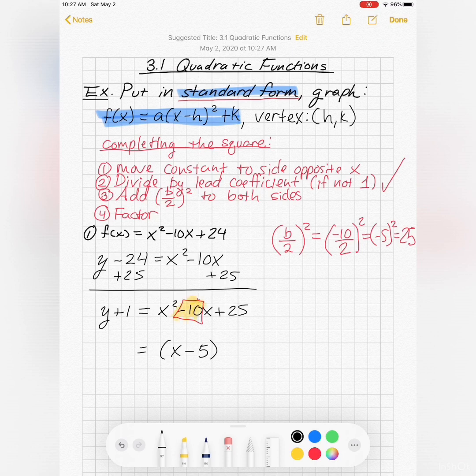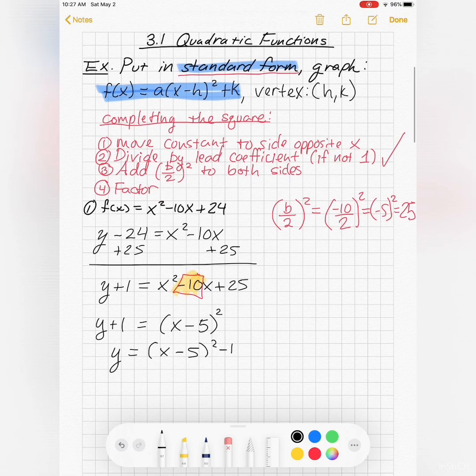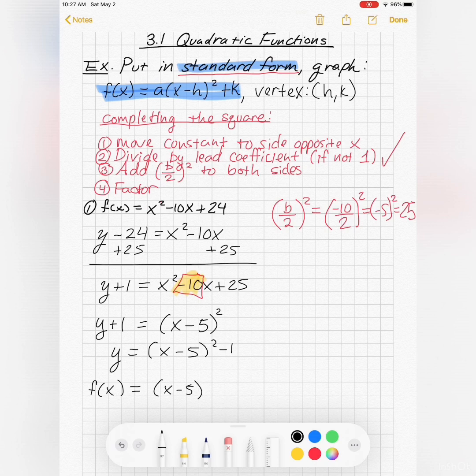It has to be -5. And then think about it: -5 minus another 5 is -10, and -5 times -5 is +25. Okay, now subtract the 1. And then we have it. So maybe in the last step, I'll write this in functional notation. So I'll write it as f of x instead of y.